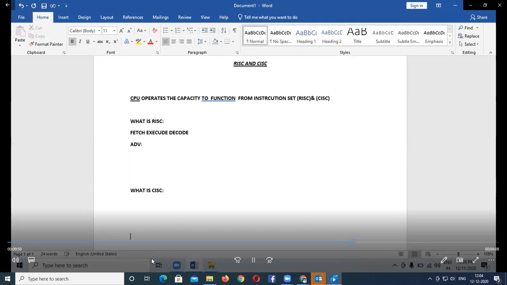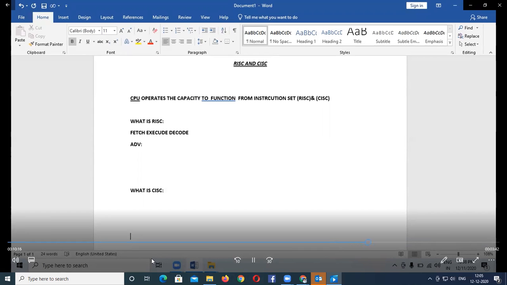Now the difference between RISC and CISC. You know very well now, RISC is nothing but reduced instruction set computer, and CISC stands for complex instruction set computer. The RISC processor has simple instructions taking about 1 clock cycle.